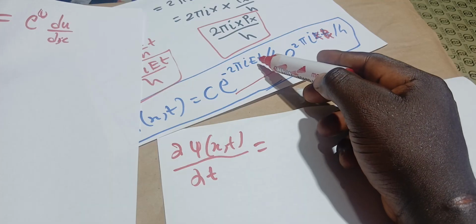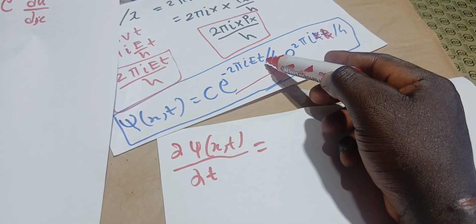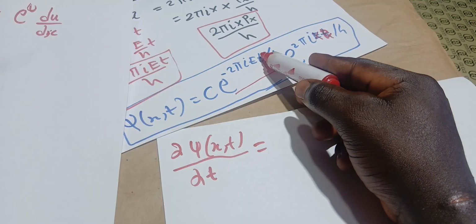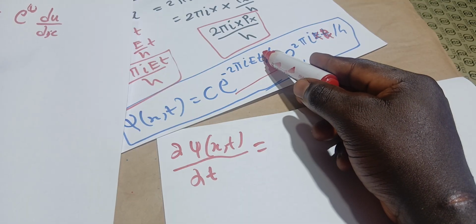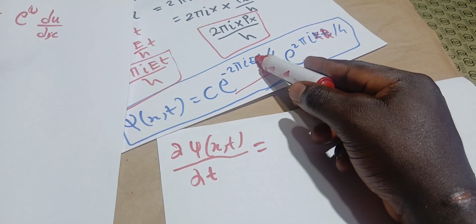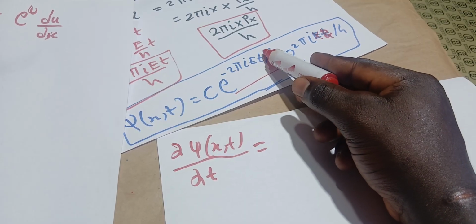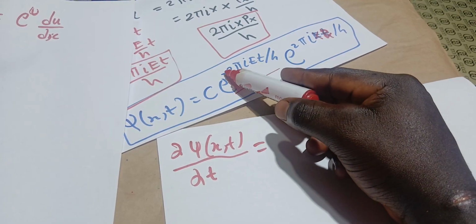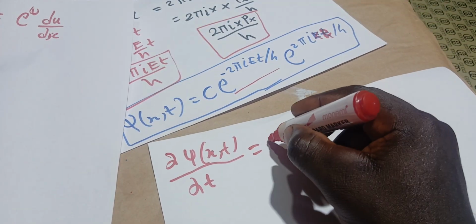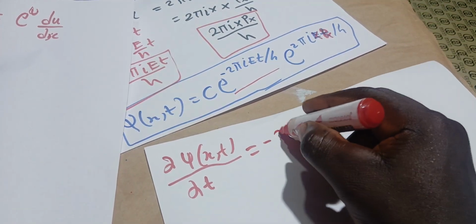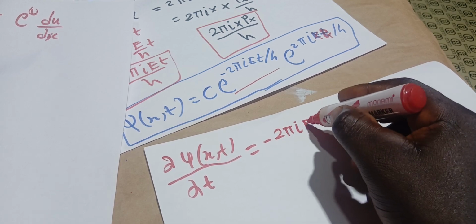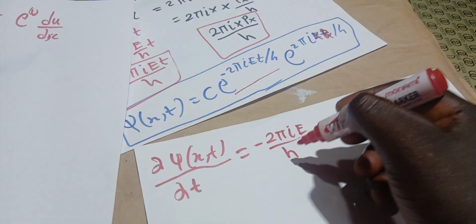Because we are differentiating with respect to t, differentiating t is going to give us 1. So let's say the power of t is 1 here. We multiply by that and the power will reduce by 1. So we get 1. So we are going to get the whole of this term over h without t, so 2 pi i E over h.